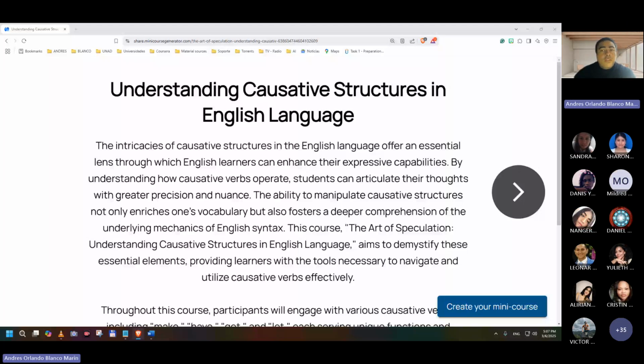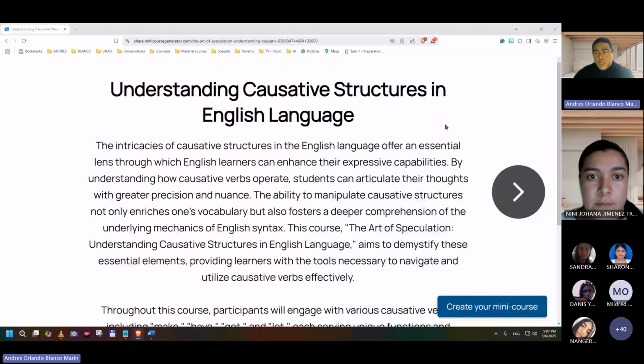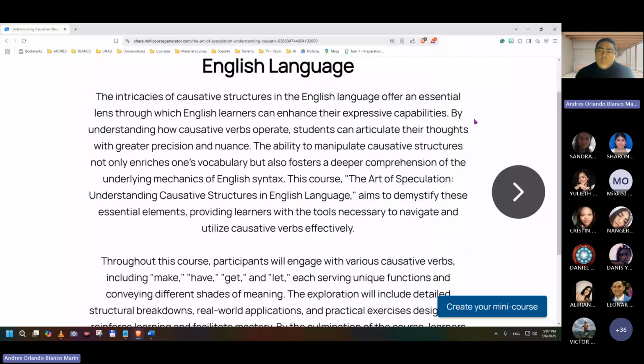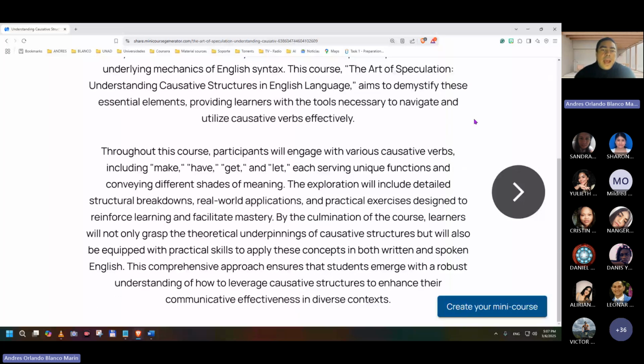So a causative verb or a causative structure is when you make someone do something for you. Okay? So I'm going to comment on some causative verbs like have, get, and a little bit of make, and their use as causative verbs.